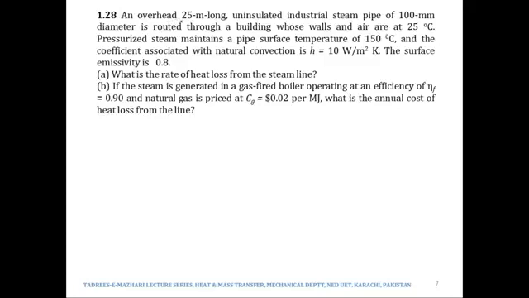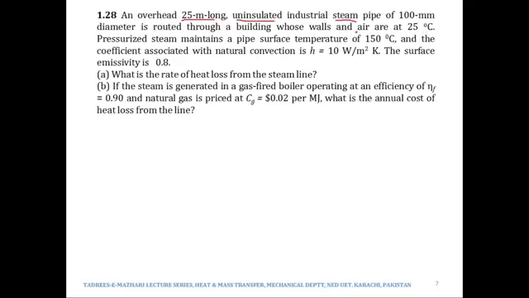So the length of the pipe is 25 meters and it is uninsulated. So a large amount of energy would be lost or wasted, right? And it is carrying steam, and then it says whose walls and air temperature are 25 degrees Celsius.